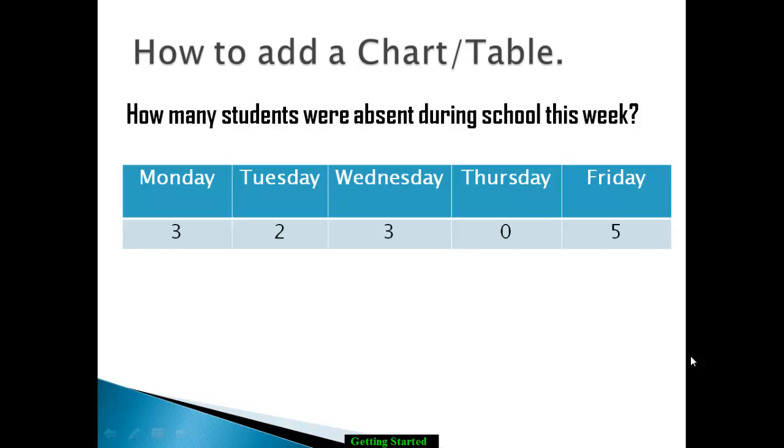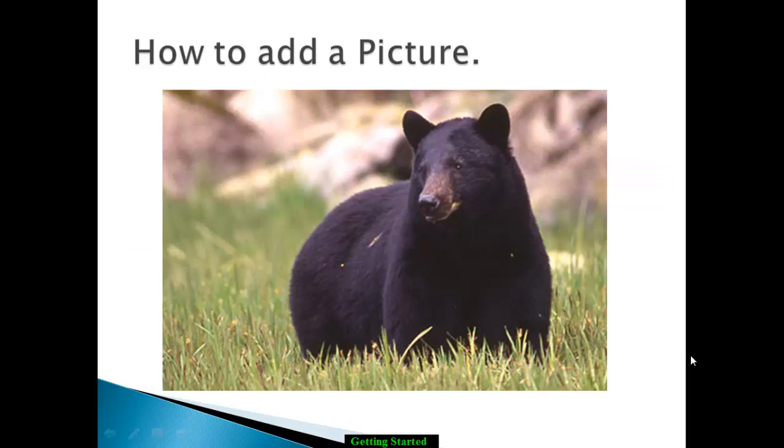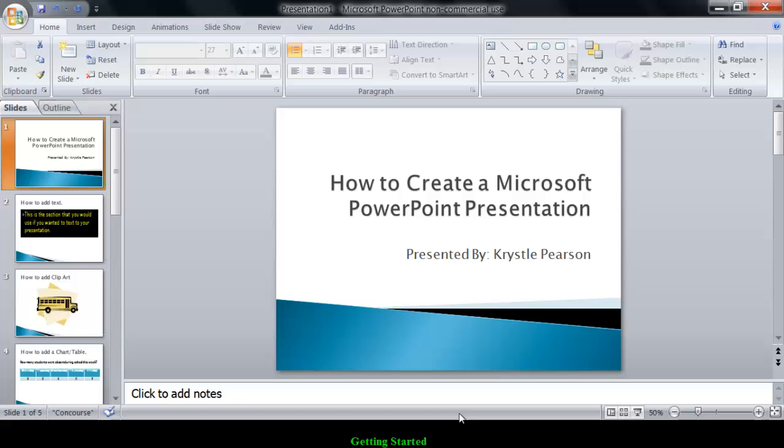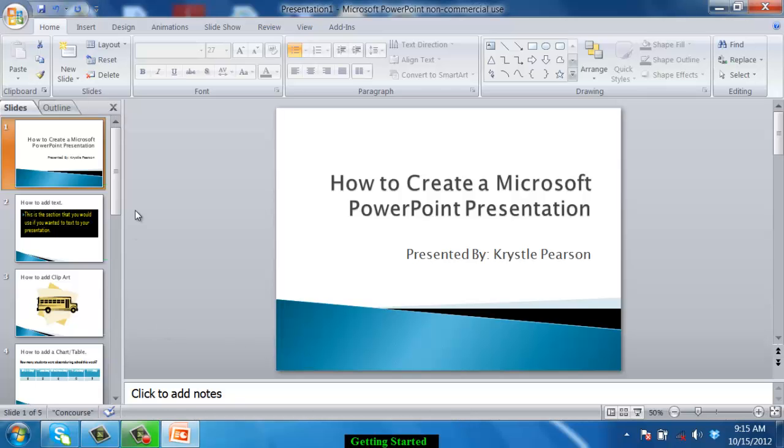Monday 3, Tuesday 2, Wednesday 3, Thursday 0, Friday 5. And then a picture. This is the reason why the students were absent this week. They all saw a black bear. And you would click and it would end the slideshow. In order to exit back to the main screen, you have to hit escape on your keyboard and it will take you back into your slideshow presentation.